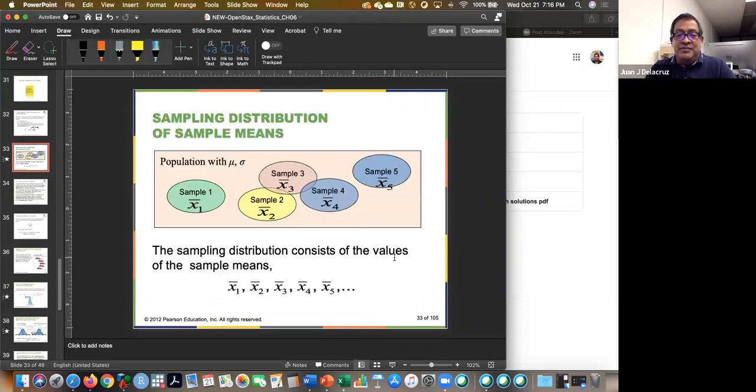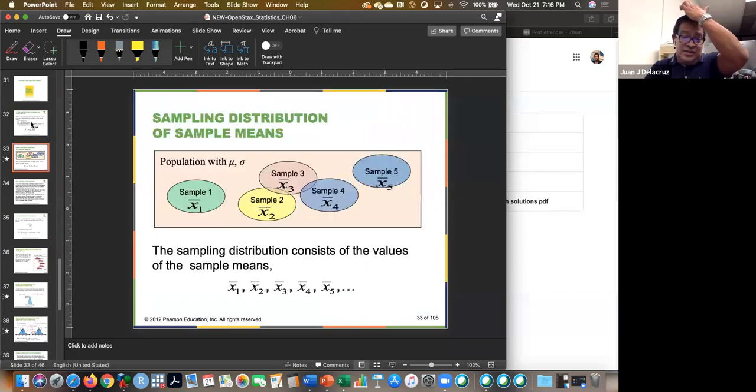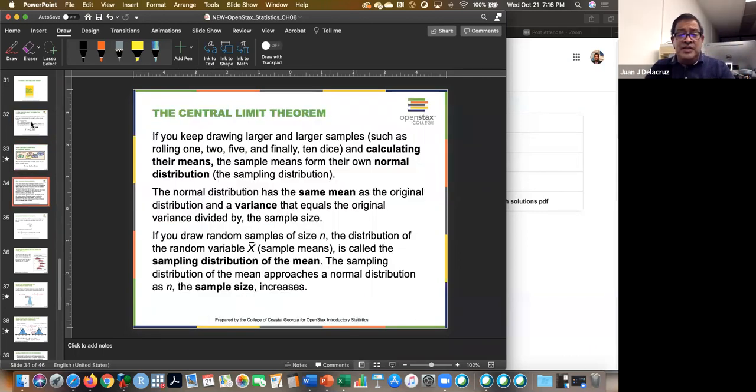That's the reason we have these values. Remember, the standard deviation is the square root of the variance, so we have to take the square root of the sample size. That's a minor thing, but it's good to mention.